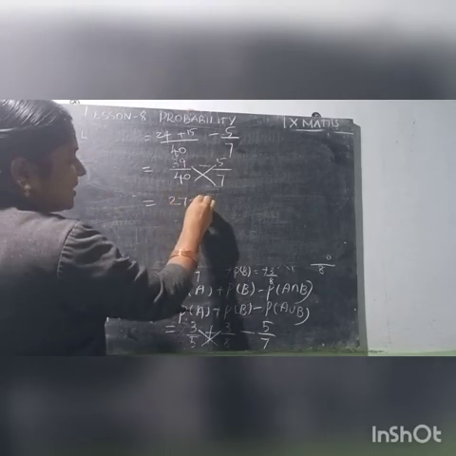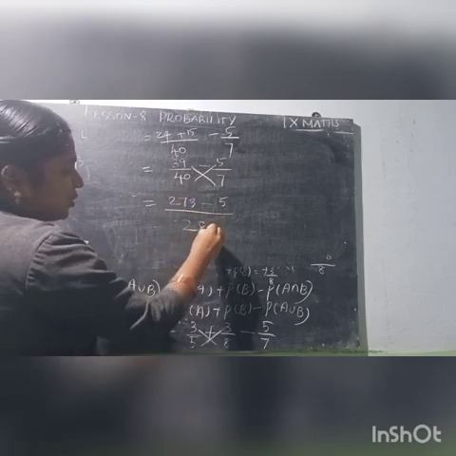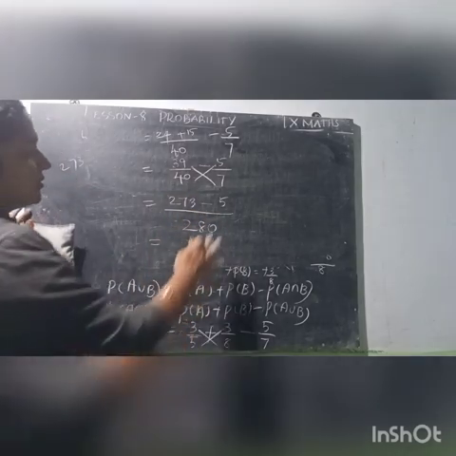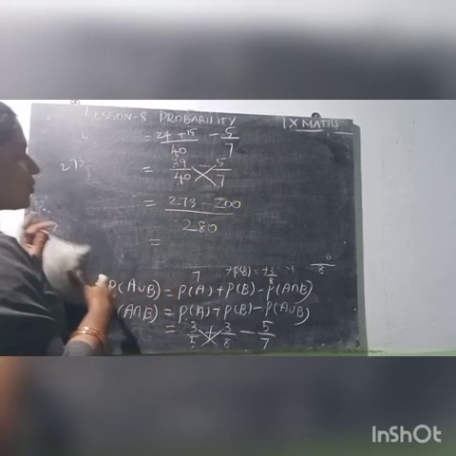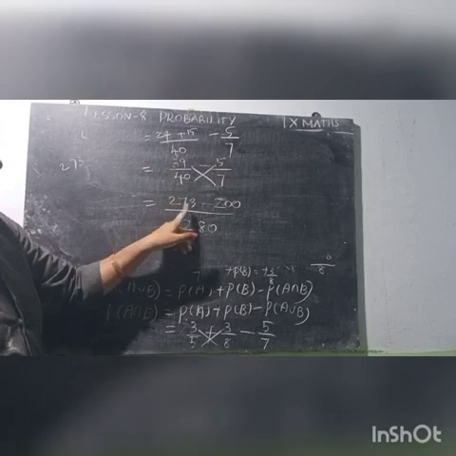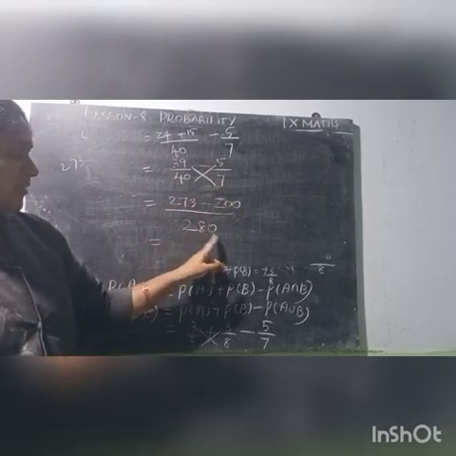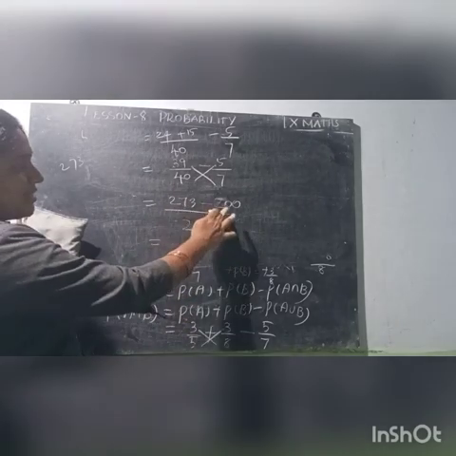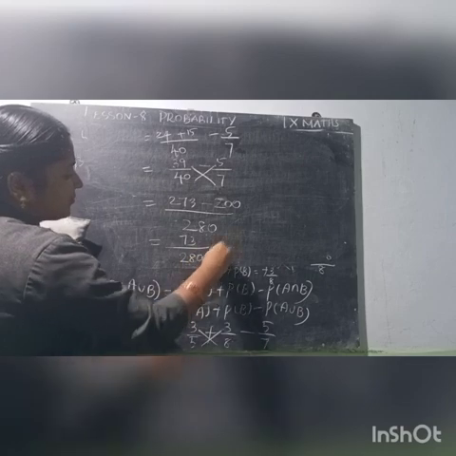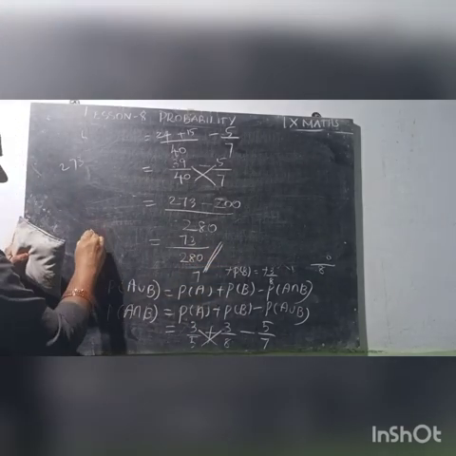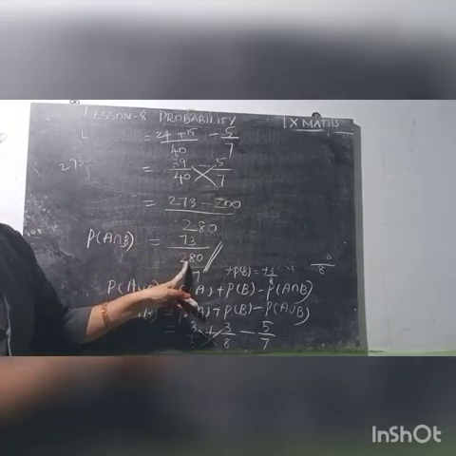So 273 minus 5 into 40 is 200, by 40 into 7 is 280. So 273 minus 200 value is 73. So 73 divided by 280. So getting both contract probability value is 73 divided by 280.